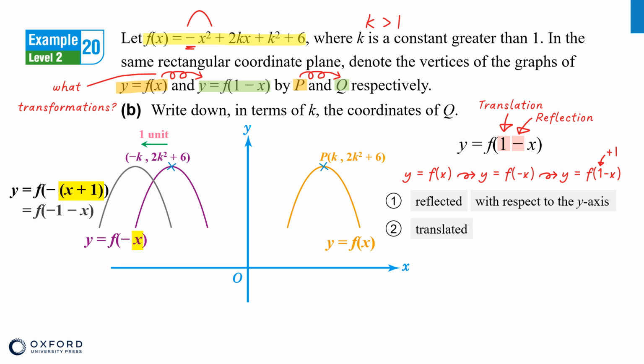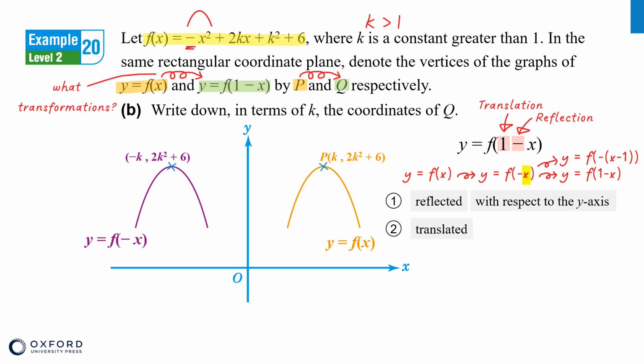That is f of negative 1 minus x instead of f of 1 minus x. Note that f of 1 minus x is equal to f of negative bracket x minus 1 bracket. We should actually consider the transformation from f of negative x to f of negative bracket x minus 1 bracket, in which case the graph is translated to the right by 1 unit.